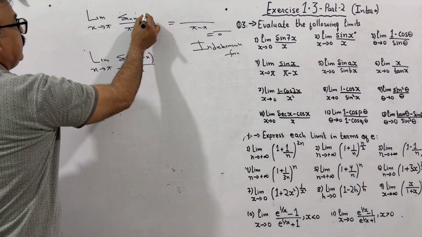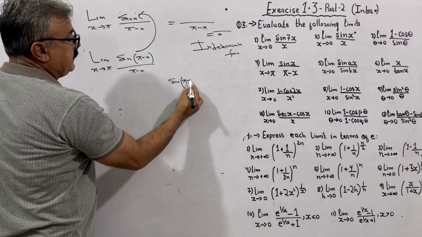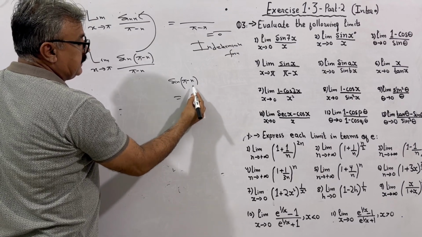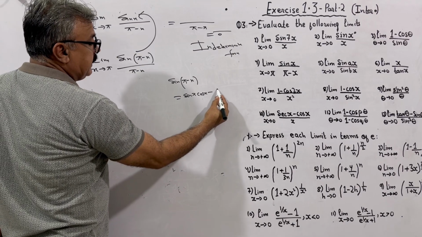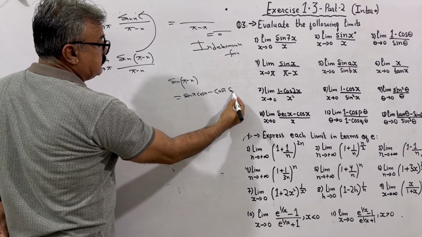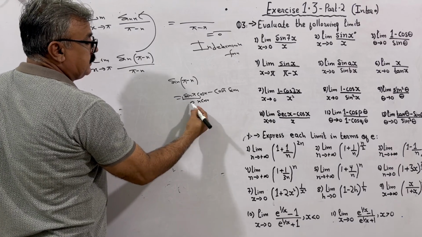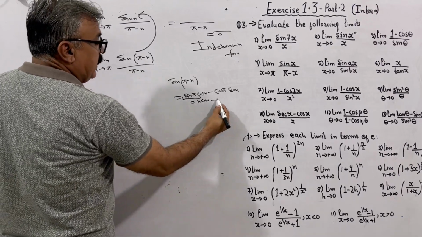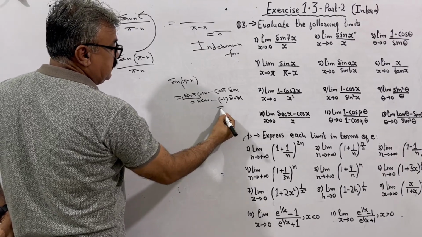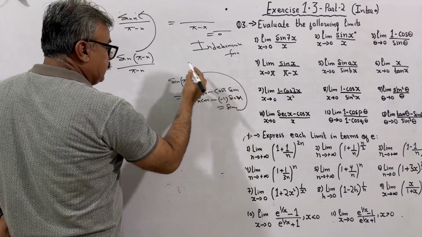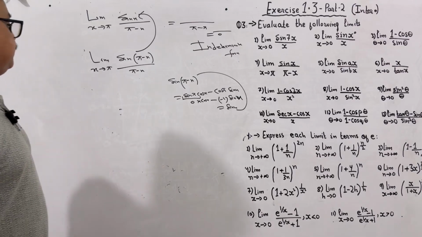Utilizing the identity sin alpha minus beta equals sin alpha cos beta minus cos alpha sin beta: sin pi is 0, 0 times cos is 0, and cos pi is equal to minus 1 times sin x. Minus minus plus, so it is again sin x. So it is safe to write sin x as sin of pi minus x.